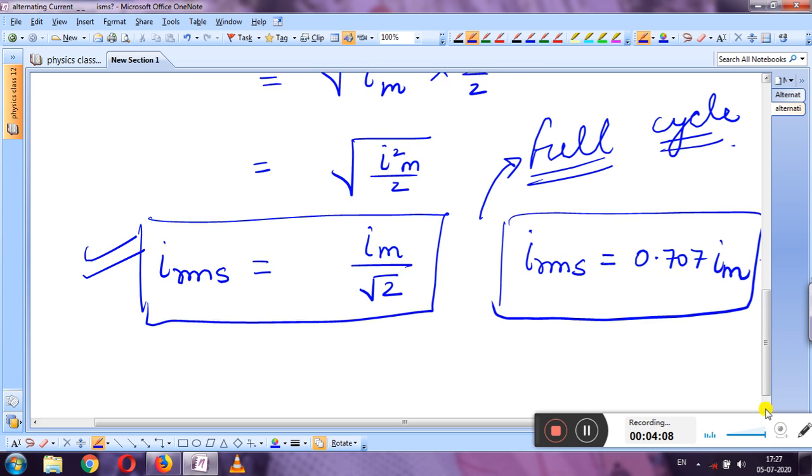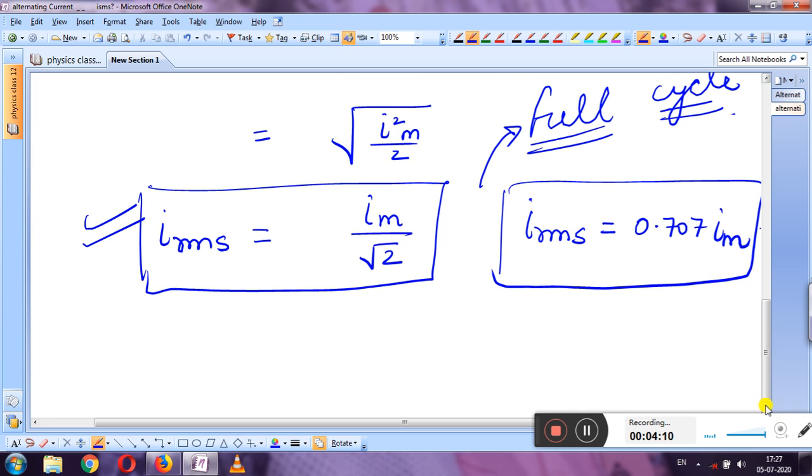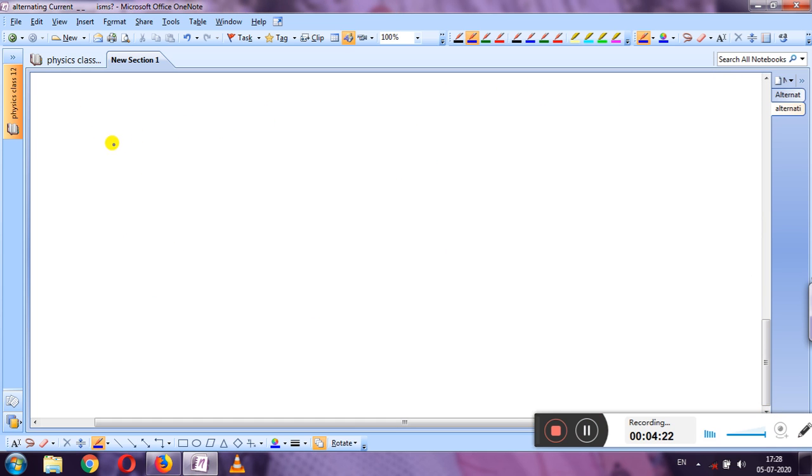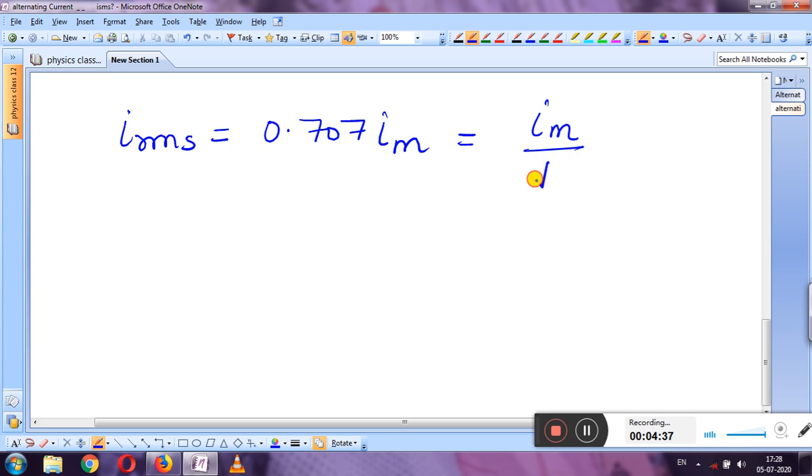After this, let us do one numerical which will be based on all the formulae we have studied till now. But before the numerical, I want to tell you one more thing, children. You can write IRMS is equal to 0.707 Im, or you can also write Im upon root 2.